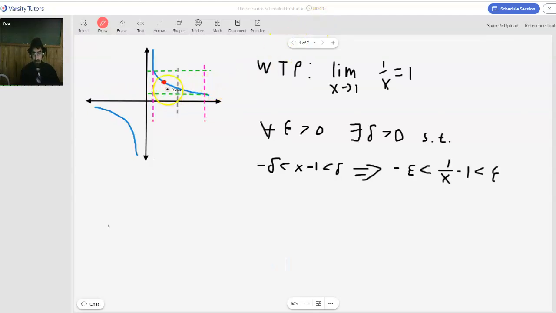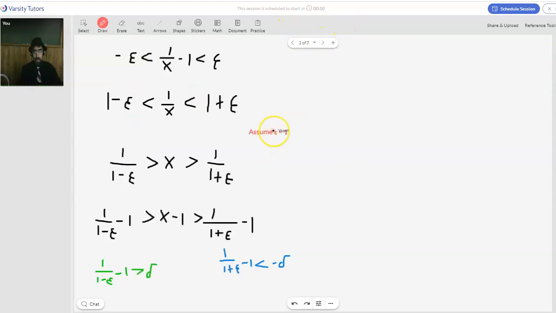Looking back at the graph, if epsilon were more than 1, then this lower limit would actually be on the negative side. In a moment, I'll show what happens, both graphically and algebraically, if we allow epsilon to be greater than 1. We can work with that, but it's its own special case, and we have to think about that separately.